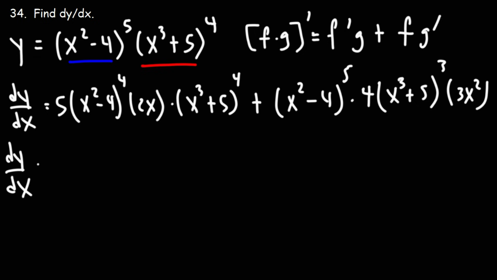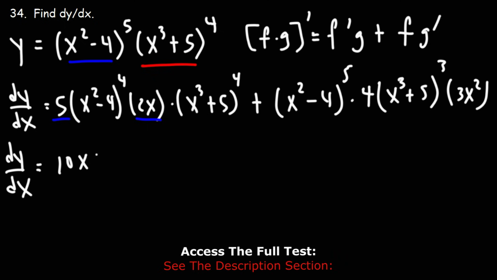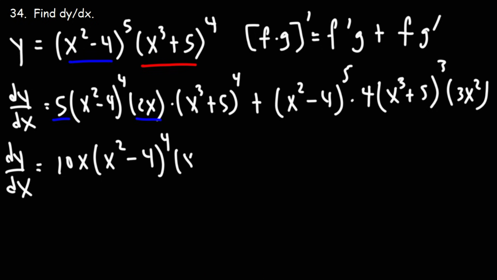But before we factor out the GCF, let's combine a few things. Here we could multiply 5 and 2x. So that will give us 10x, and then x squared minus 4 raised to the 4th power times x cubed plus 5 raised to the 4th power.